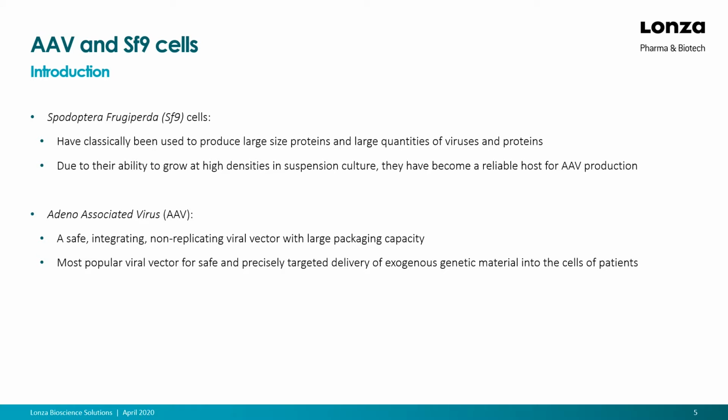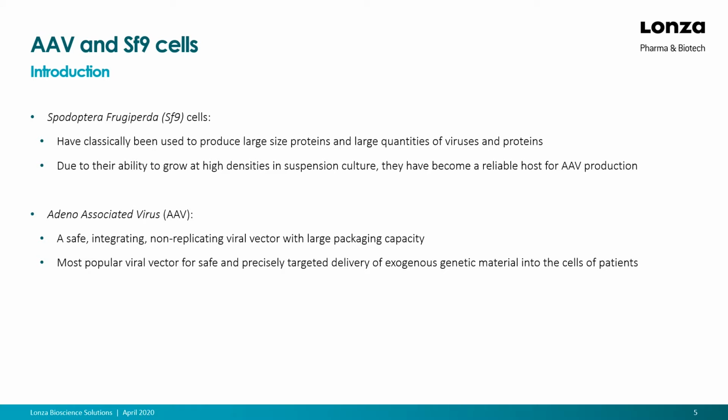SF9 is an insect cell that originates from the fall armyworm, that has been used for its capability to accept large-size DNA and to produce large-size proteins in large quantities. One other advantage is that SF9 cells grow in suspension in a normal atmospheric environment.